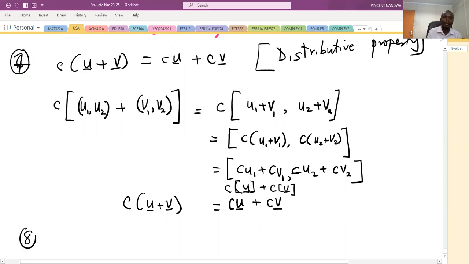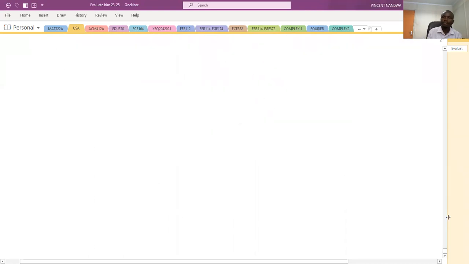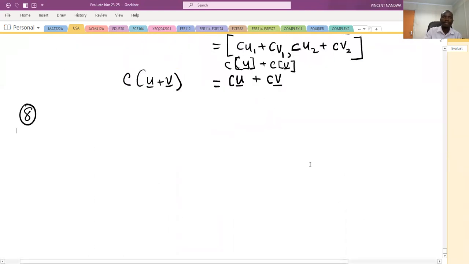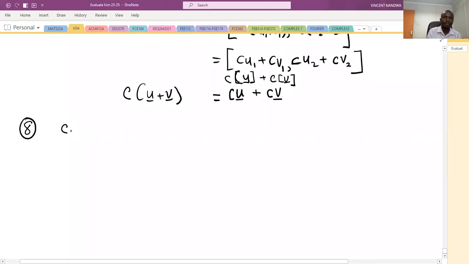Number 8, if you have C plus D multiplied by U, then you'll have CU plus DU. Are they still the distributive property?